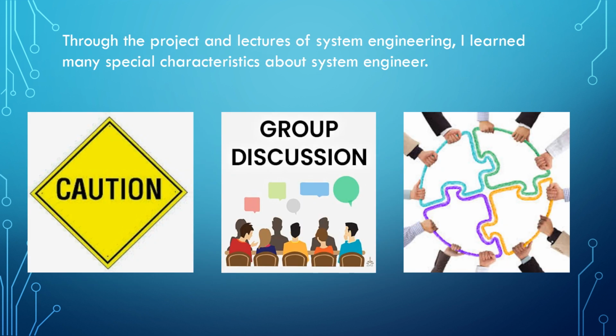Through the project and the lecture of the system engineering course, I learned many special characteristics about system engineers. And the three different graphs show the three characteristics I learned. First is caution.